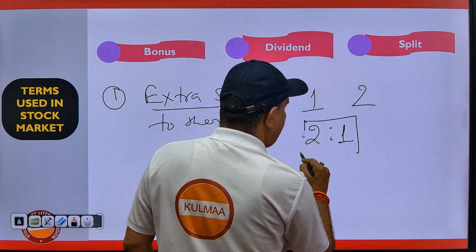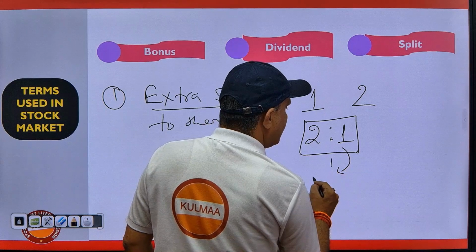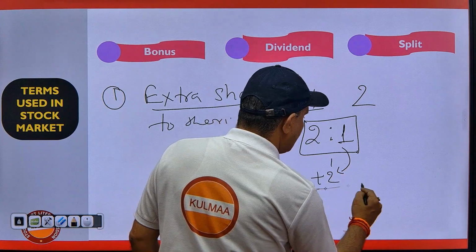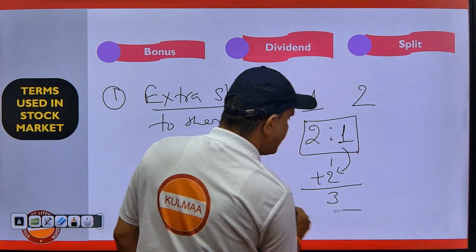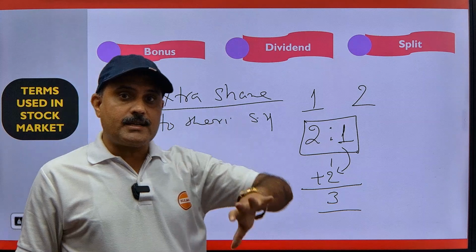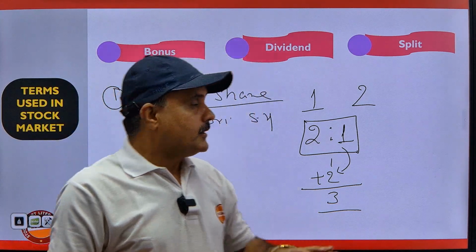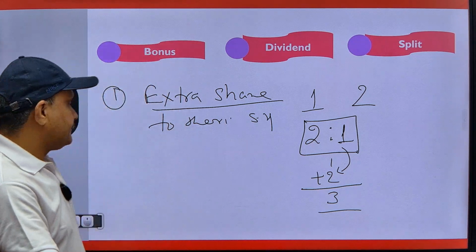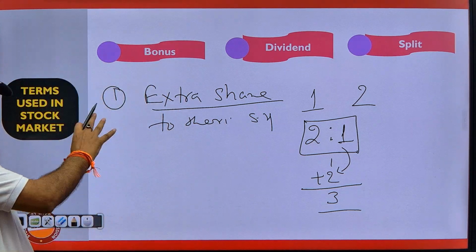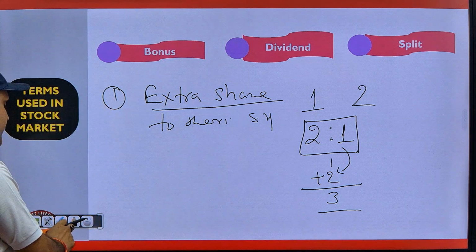That means for every one share there will be two extra shares, so that is known as 3 shares. So bonus means extra shares given by the company to every shareholder. We will understand the formula behind it, but let's understand the dividend.